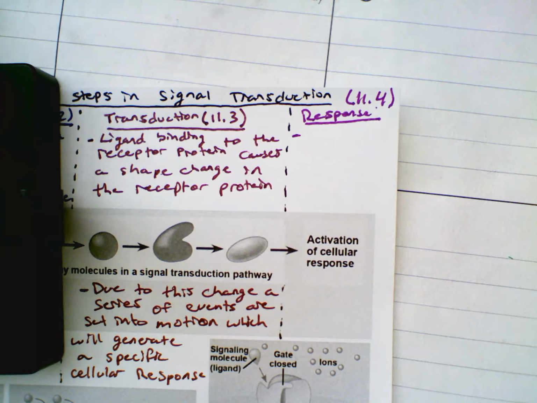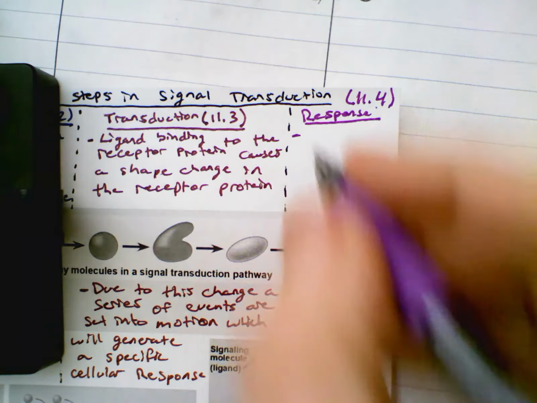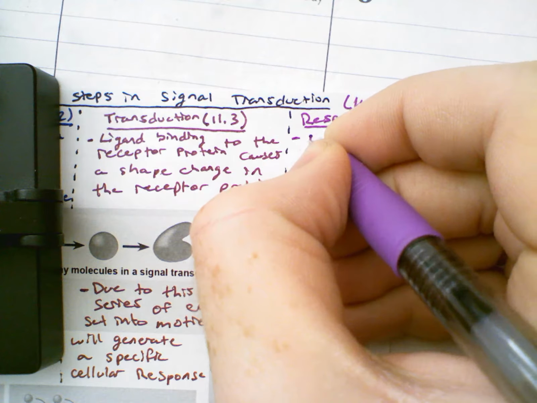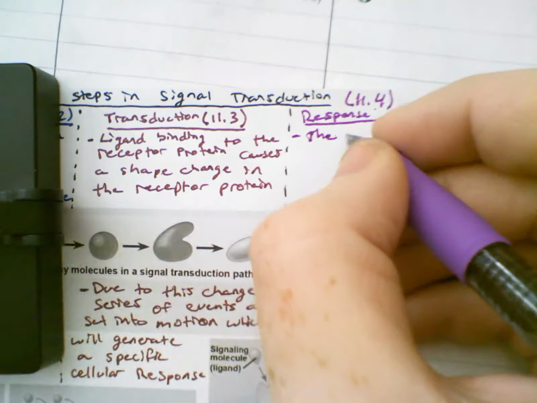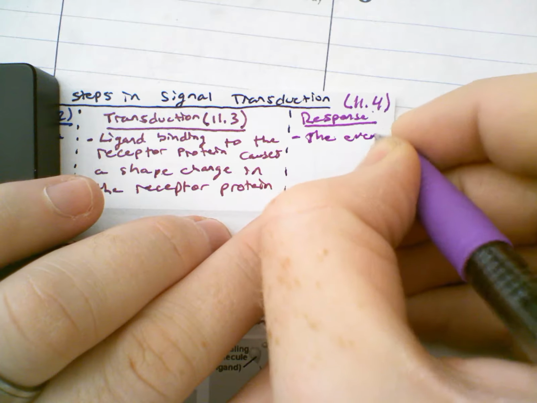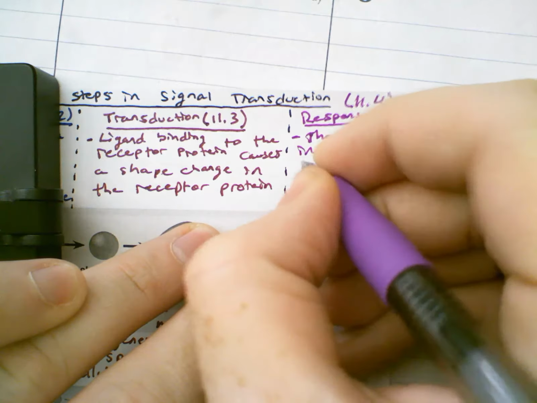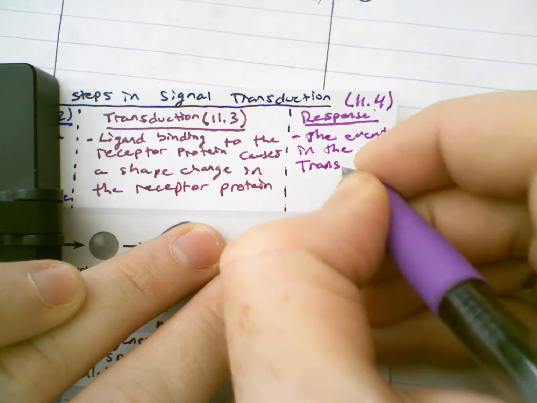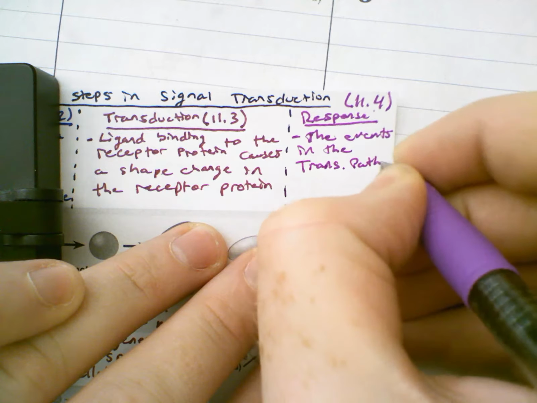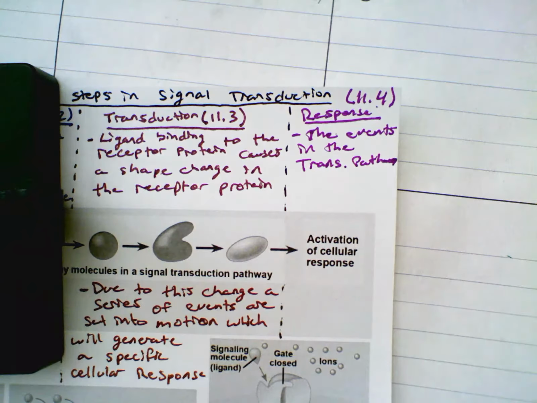Okay, what we see here is the transduction events is then going to trigger some sort of cellular response. So the events in the transduction pathway, so I'll just do trans pathway. That's this pathway.